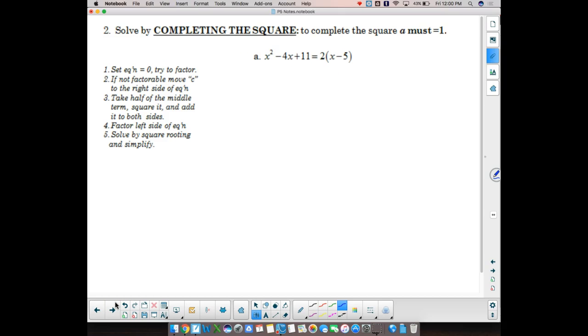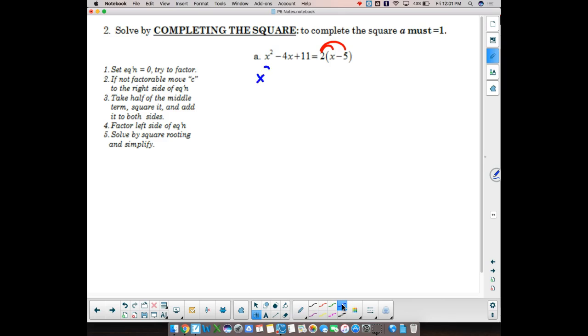Completing the square. Okay? So, completing the square, the first thing is that I like to get everything equal to 0 and try and factor, because factoring is easier than completing the square. It is. So, what I would have to do here is first distribute that 2 into there.